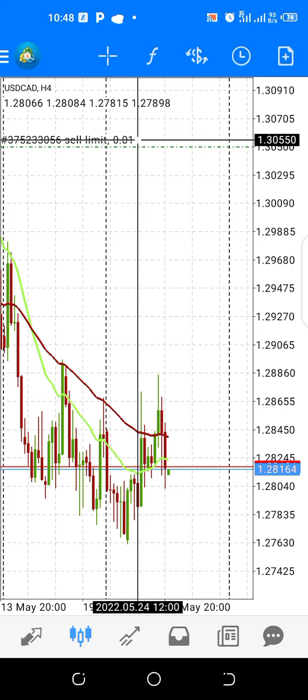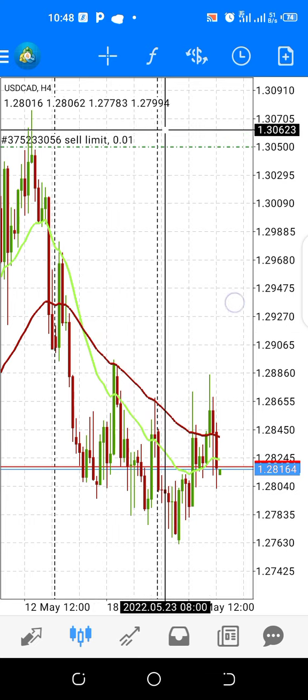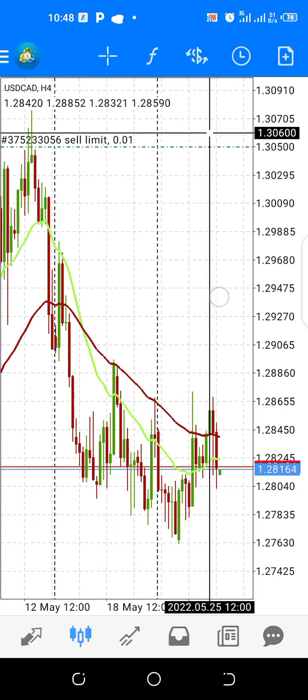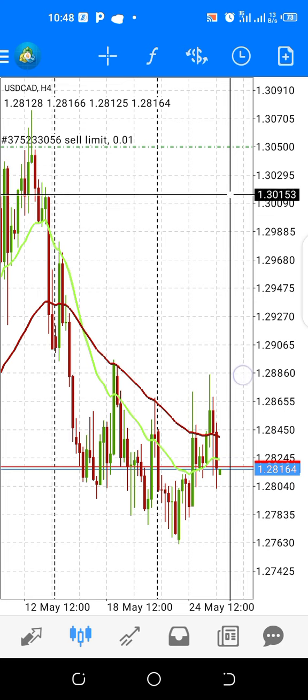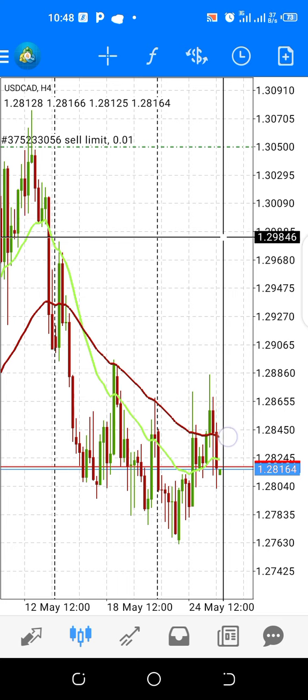Then once this trade is triggered, if the market does a bit of consolidation before the reversal commences, we're going to be in profit.